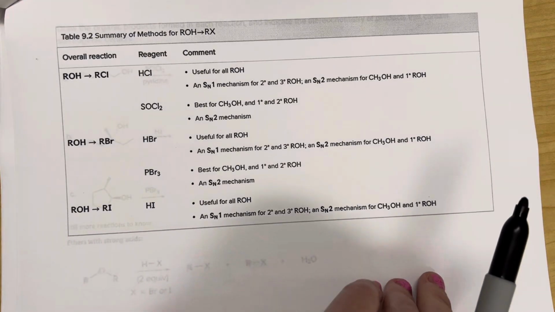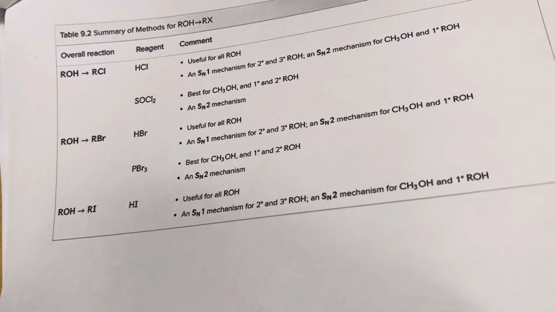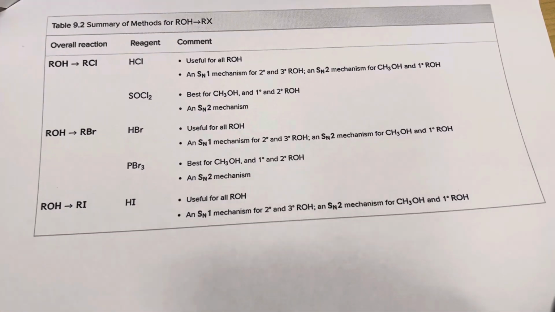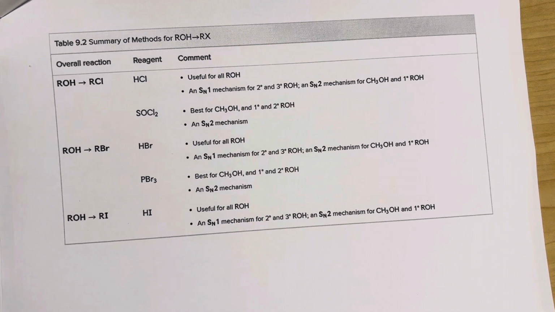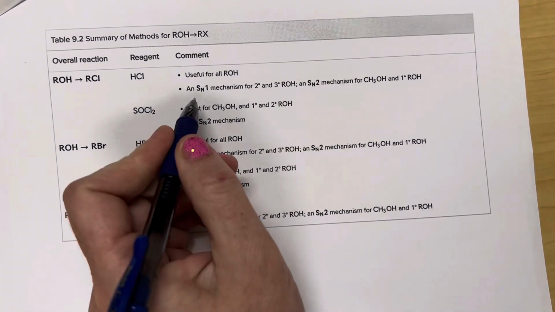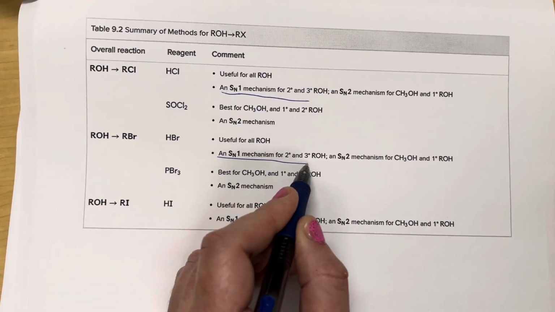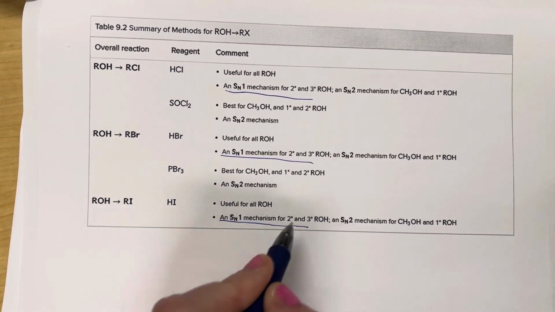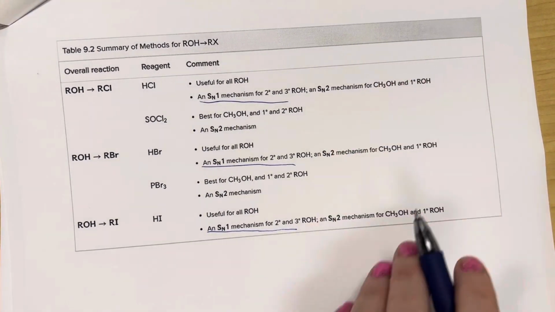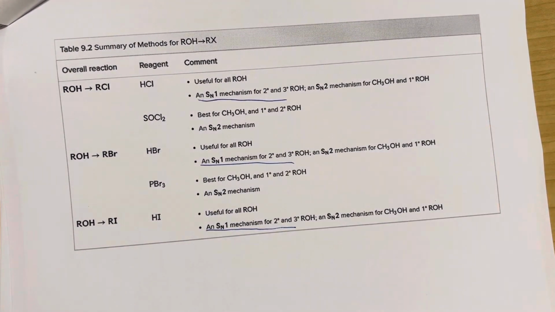So here we have a table that just generally summarizes some of these things. One of the main themes to look at is the fact that SN1 is always for secondary and tertiary, and SN2 is for primary and methanol.